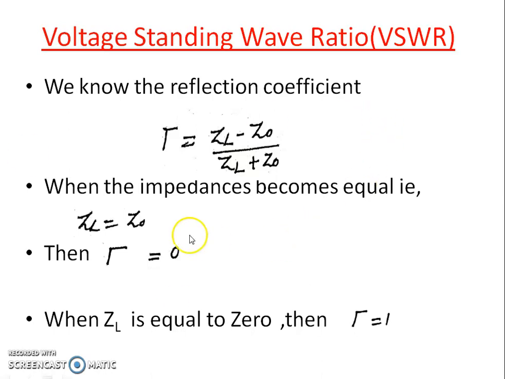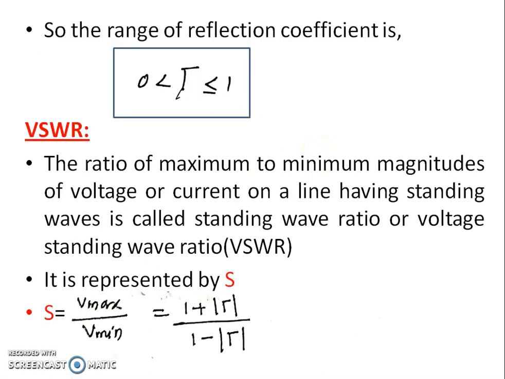Then gamma is equal to 0 minus Z0 divided by Z0, and its magnitude is equal to 1. So the range of the reflection coefficient is from 0 to 1.